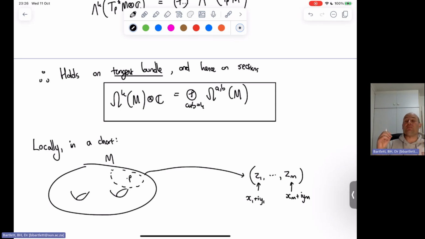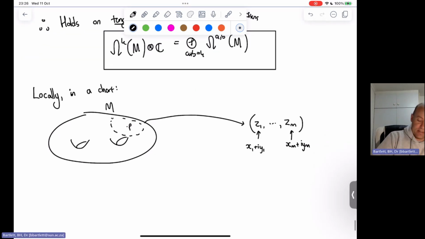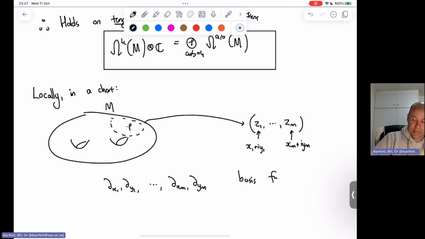So now I've got two m-dimensional real coordinates on M. Okay, so that means that del x1, del y1, dot, dot, dot, del xm, del ym is going to be a basis for the tangent space at P.